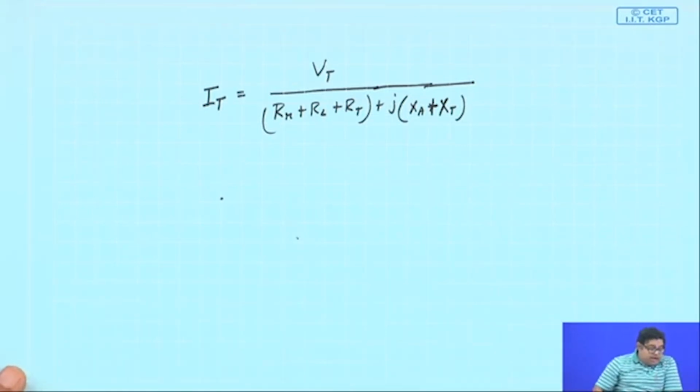Now, the input impedance of an antenna, we have seen it. It is generally a function of frequency, because at different frequencies the reactive part, etc., will change. And the antenna is matched to the interconnecting transmission line.